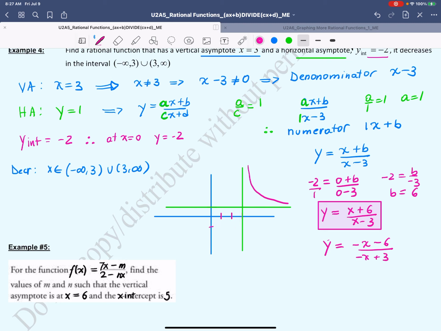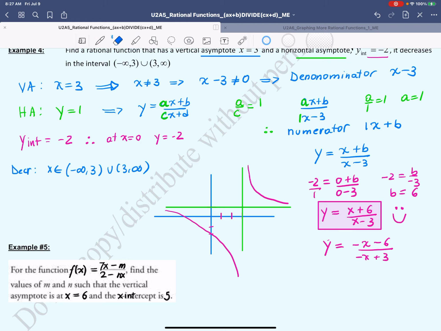We have a y-intercept at negative 2. So it must be something like this, right? So, which means that the first equation is the one that satisfies the condition, okay?